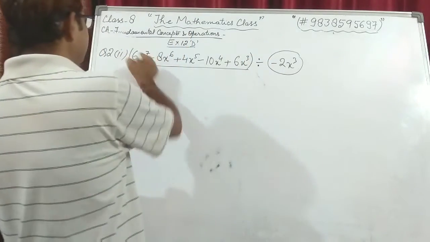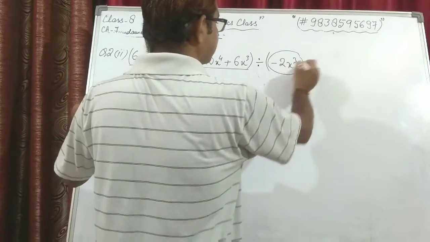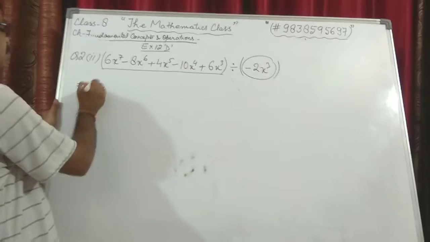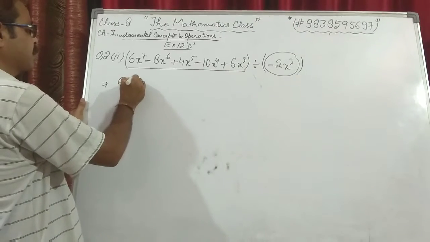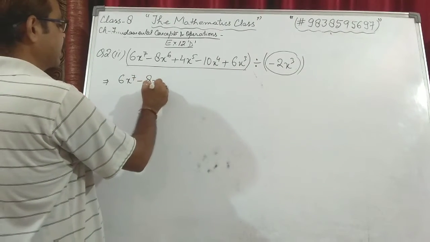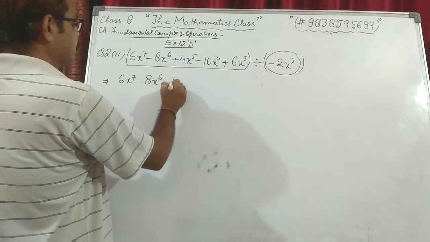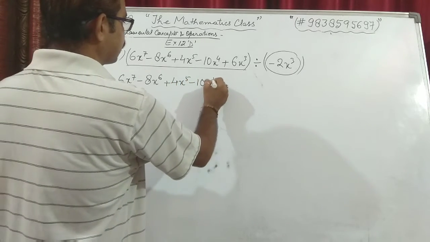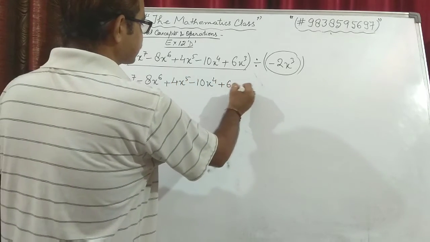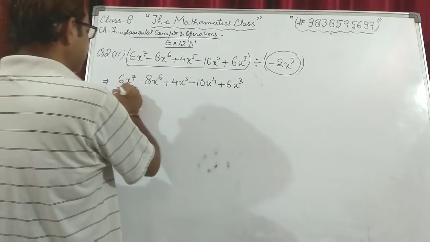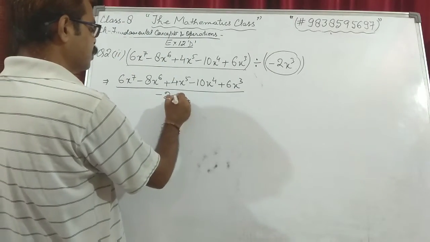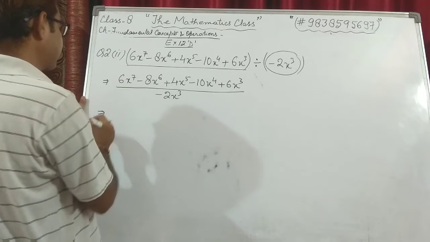Here this total is divided by this total. So how do we write? We write the whole question: 6x to the power 7 minus 8x to the power 6 plus 4x to the power 5 minus 10x to the power 4 plus 6x cube, and division sign means upon, and upon what? Minus 2x cube. Now we will separate them.